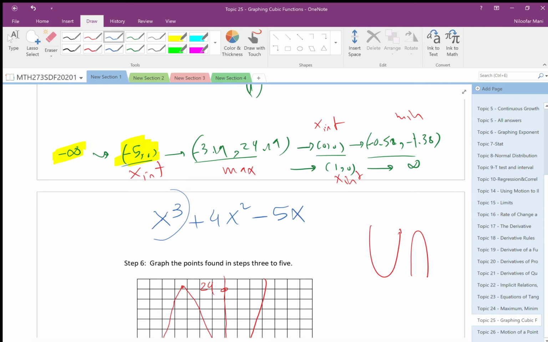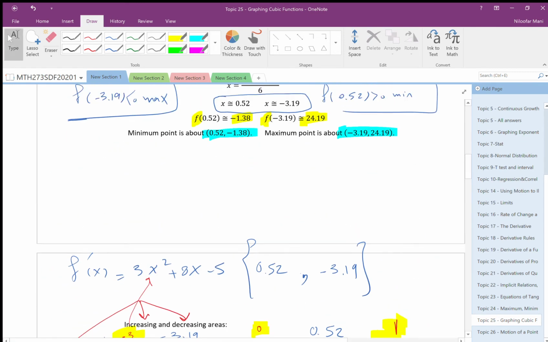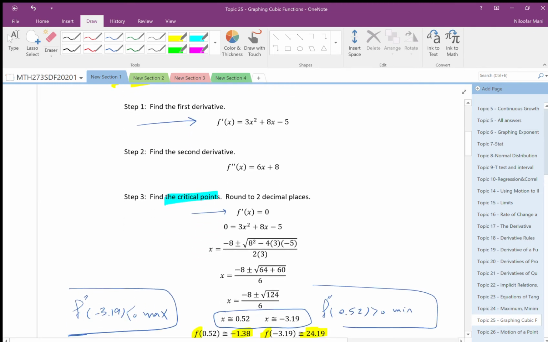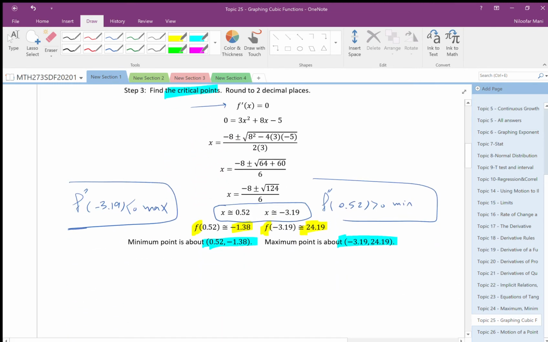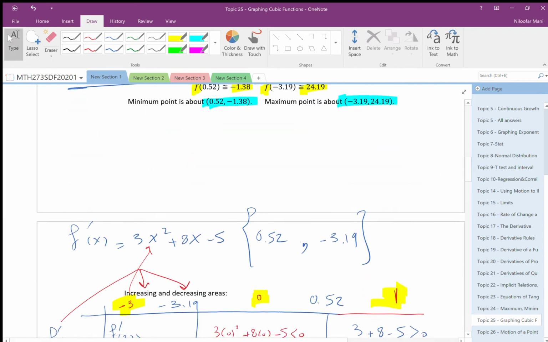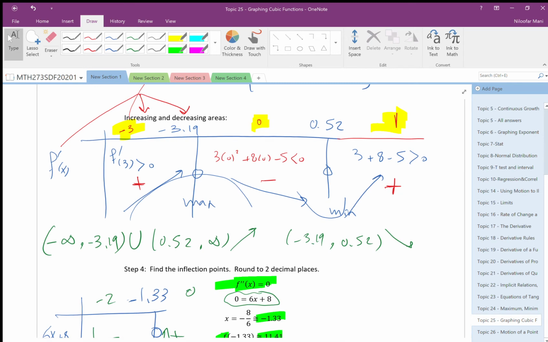But again, I would say the best way to graph is using graphing software, because it can show you a very beautiful graph. But here you can have a good understanding. So how? By finding the first derivative, finding the second derivative, finding critical points, checking the second derivative to see which one is minimum and which one is maximum, then checking increasing and decreasing by the first derivative sign, the table, positive, negative, checkpoints.